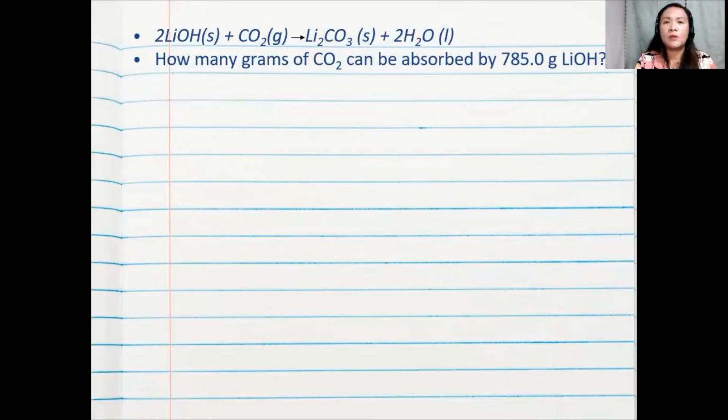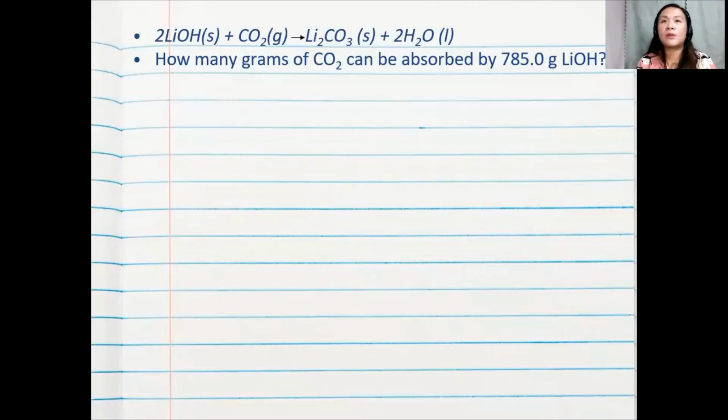By the way, why are these problems very important? Because take note, in the laboratory, this is what we do. For example, we need to produce a certain amount of product, so we need to solve how much reactants we need to mix together so that we will form that product.